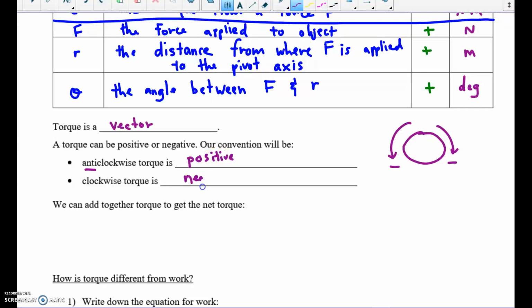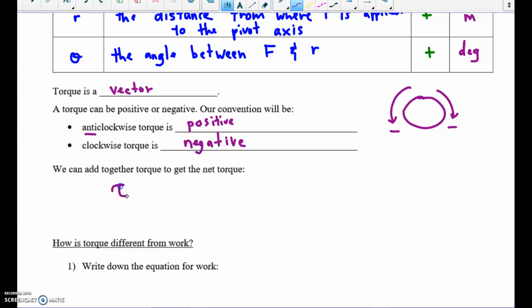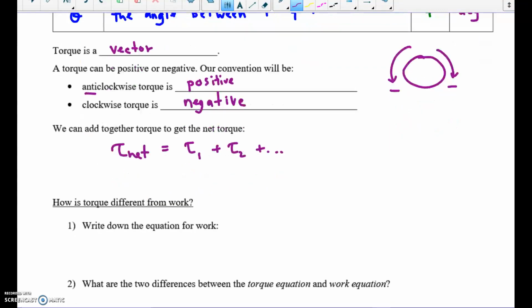This is negative. We can add up torques to get the net. Torque 1 plus torque 2. Each one we have to make positive or negative.